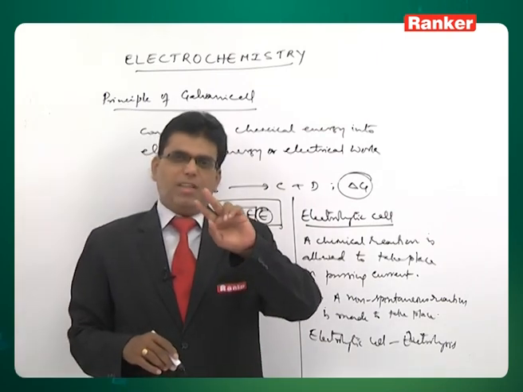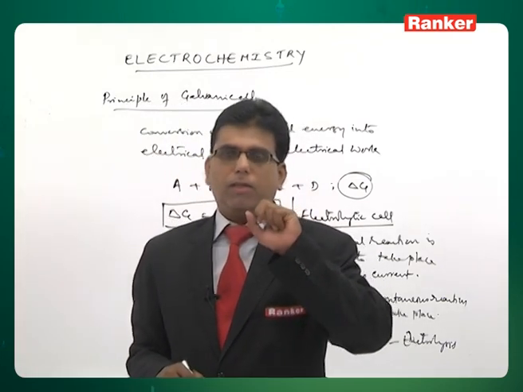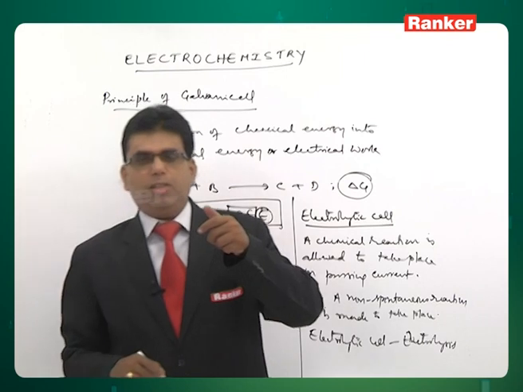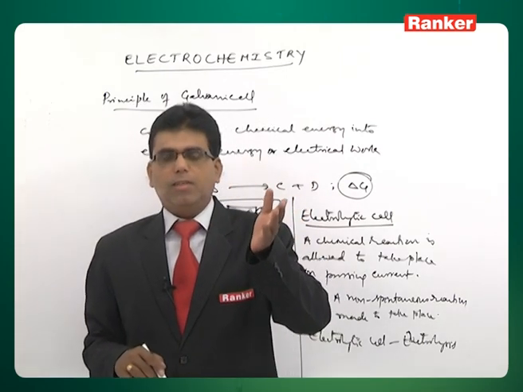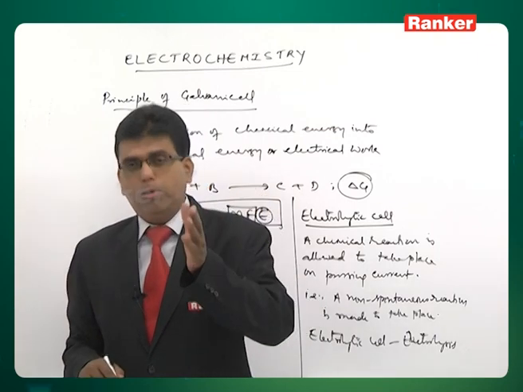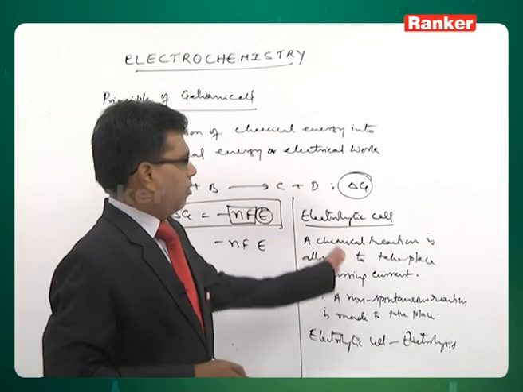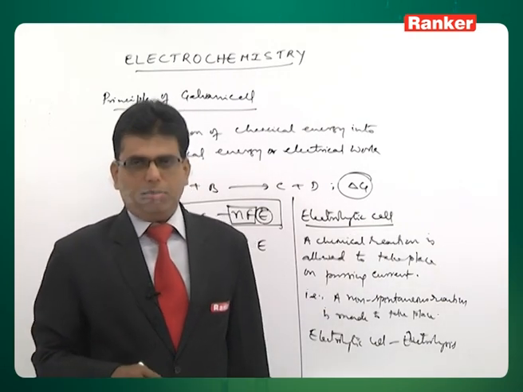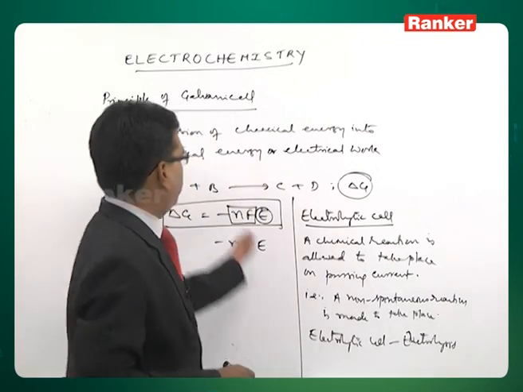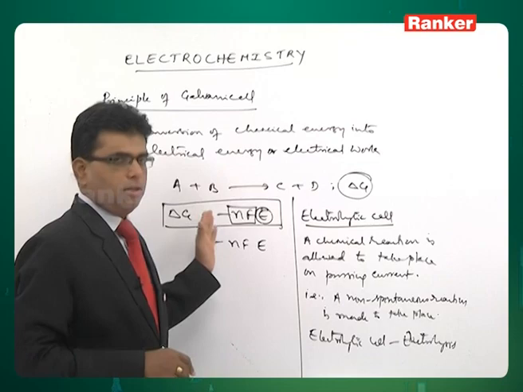In all the sign conventions also, the total principle, the working, the sign convention, everything is opposite from the galvanic cell, that is the electrochemical cell, to the electrolytic cell. This electrolytic cell we study under the heading of electrolysis, in the second part. First, let us concentrate on the electrochemical cell.